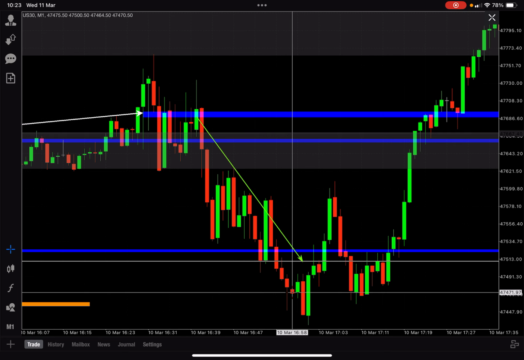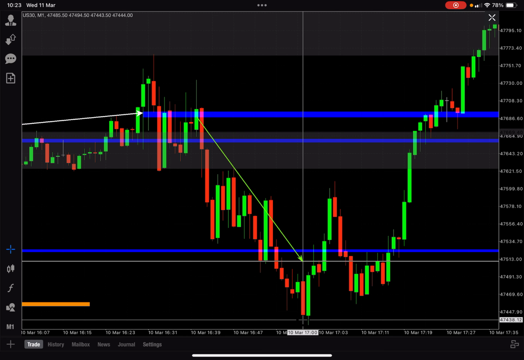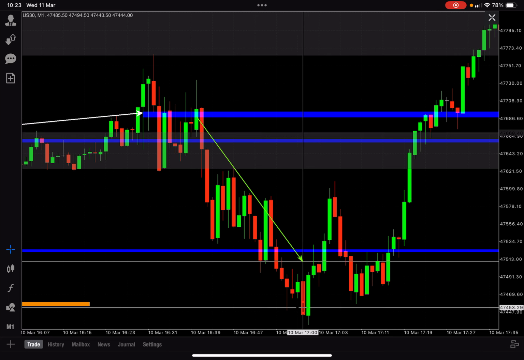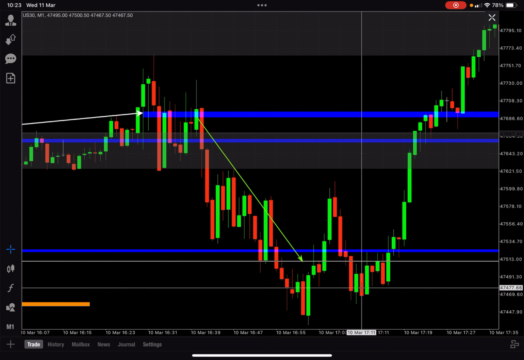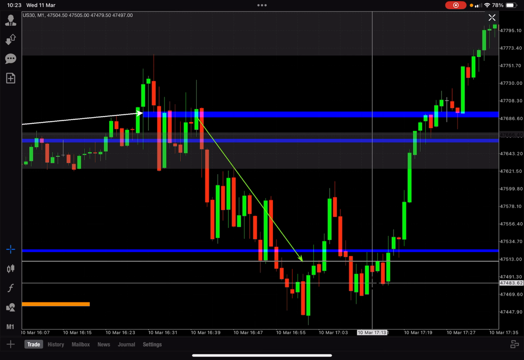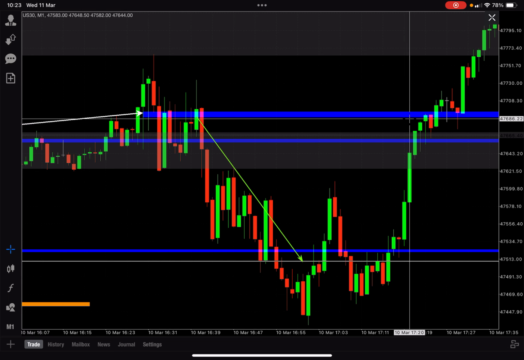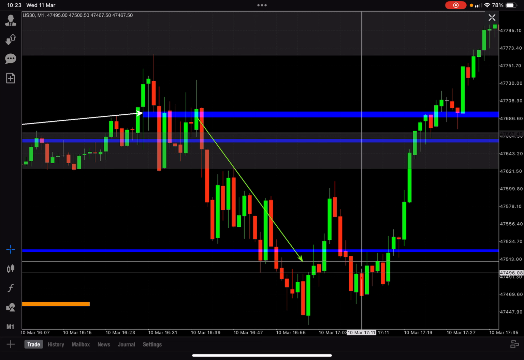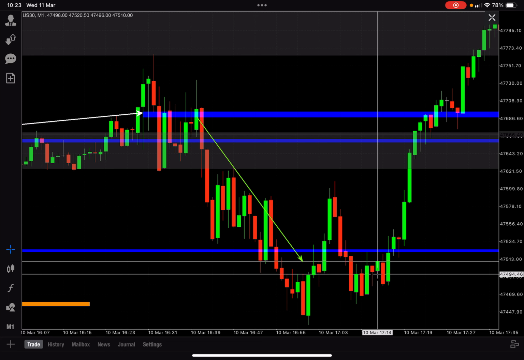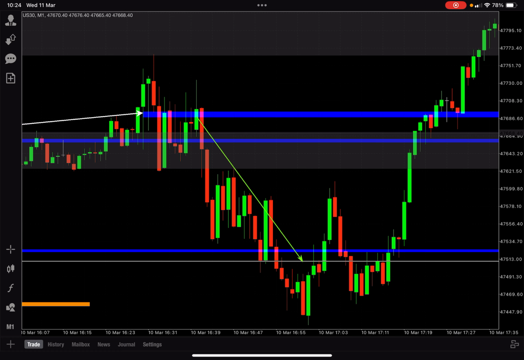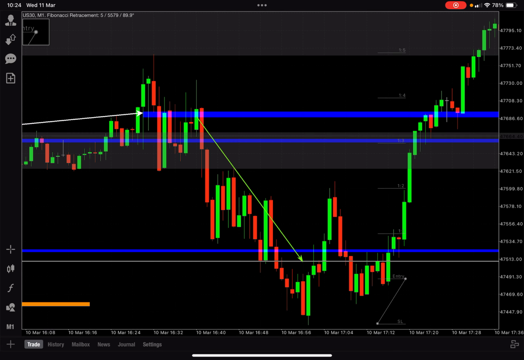You got your consolidation, fake out down, takes this liquidity, impulse move up, retraces all the way to the consolidation area, retest, retest, retest, continuation towards the upside. Once you started to see bullish pressure kicking in here, you would enter there. Stop loss would go at the low, entry somewhere around there, and you'd be looking for that continuation towards the upside.